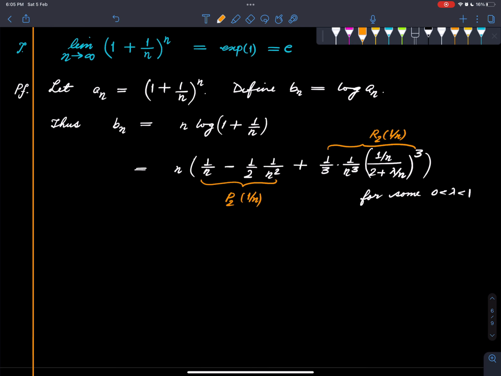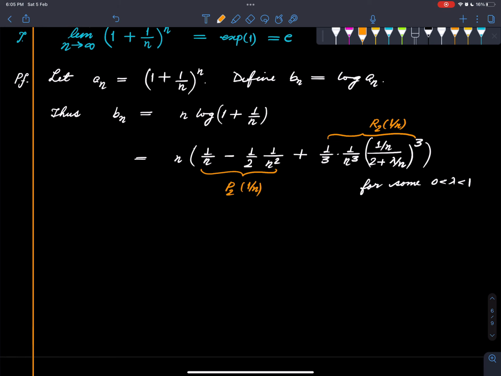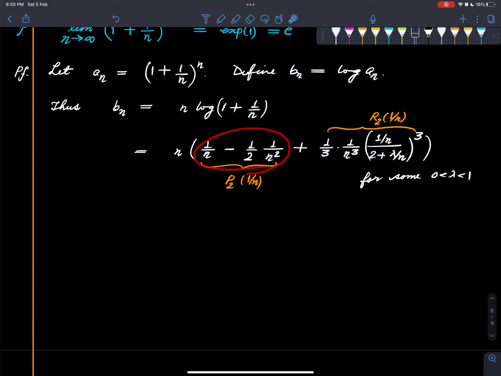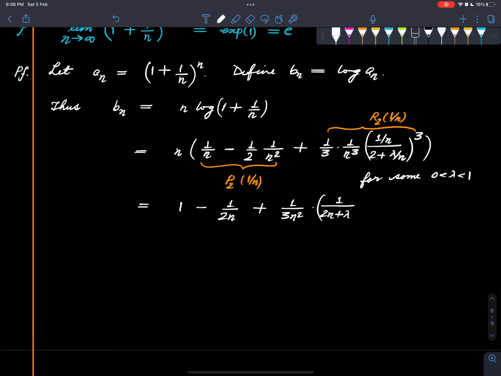So you should also calculate this because I may have made a mistake, but I'm pretty sure I have not made a mistake here. So this is equal to 1 minus 1 upon 2n plus 1 upon 3n square, plus this horrible thing, and this horrible thing is 2n plus lambda whole cube.